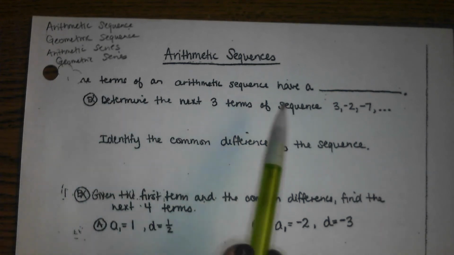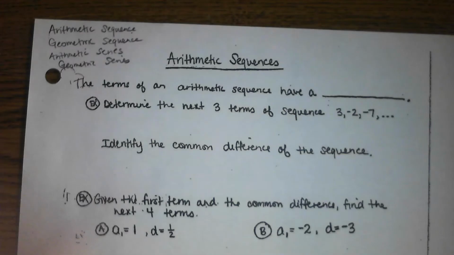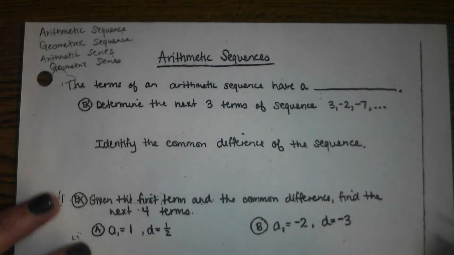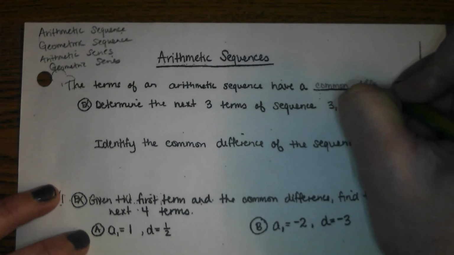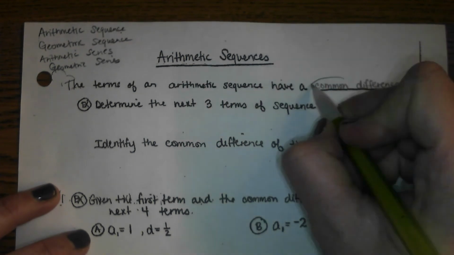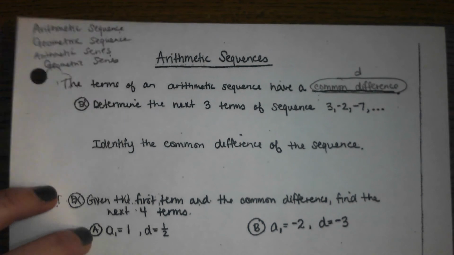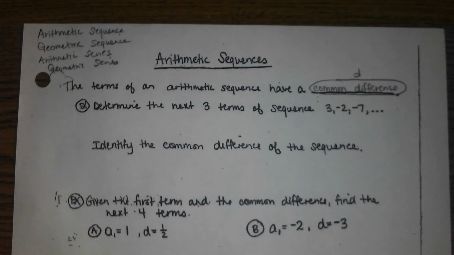The terms of an arithmetic sequence have a common difference, is what it's going to be called. And that's going to be notated by a D. And a common difference is nothing more than what are we adding each time. So arithmetic patterns are the ones where you add 5, add 5, add 5, add 5.